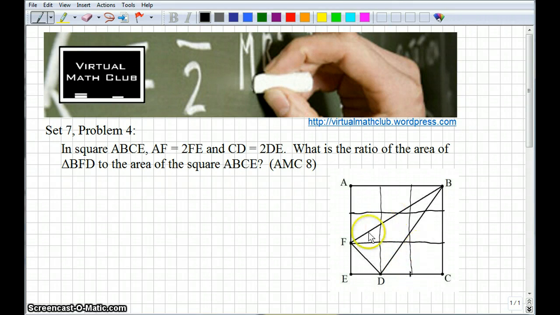So I'm going to go ahead and give you the solution now. So we're trying to find the ratio of the area of the triangle to the area of the square. And so it's this interior triangle, this BFD triangle. So the area of the square, now we don't really know dimensions here, but we could pretend like each one of these is a length of 1.